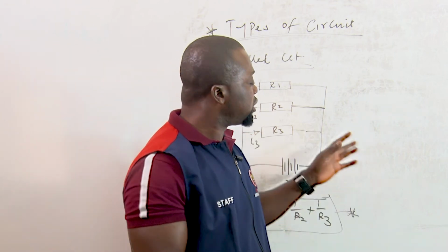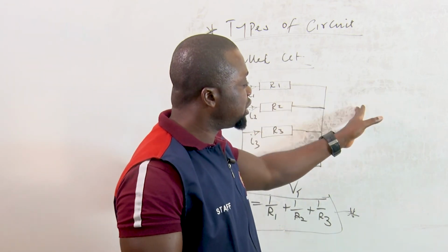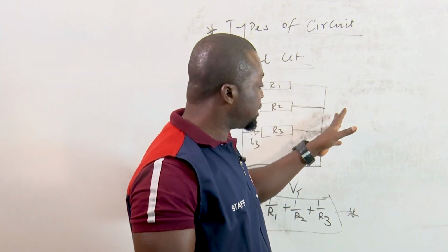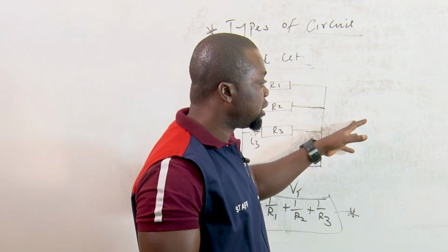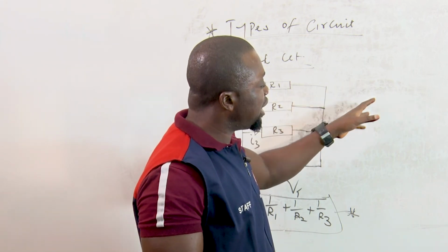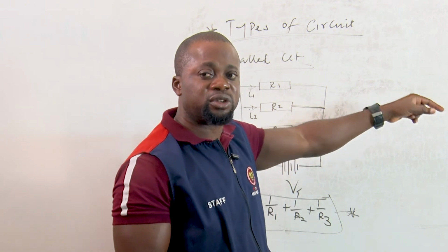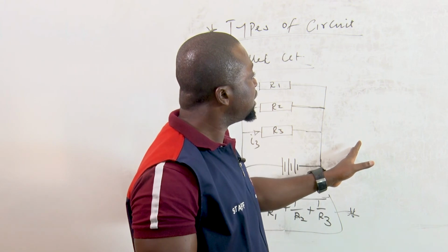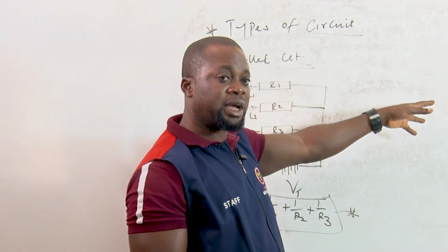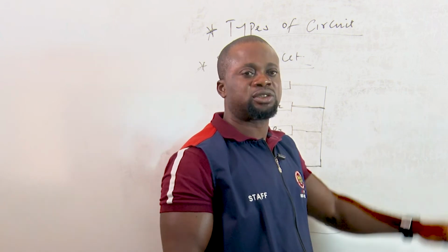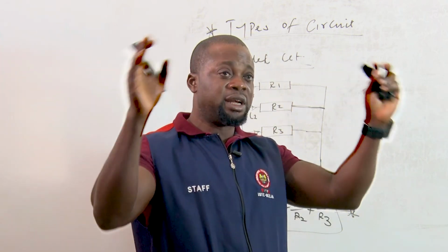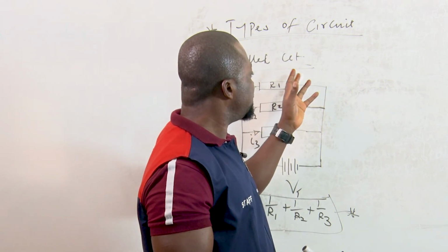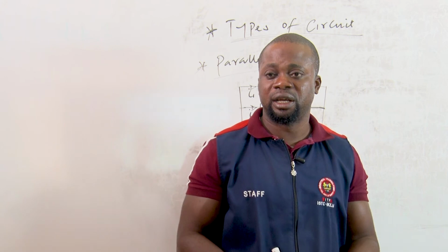So you have to put them in parallel, so that when there is a fault in a particular socket, it will not affect another. You can isolate the particular socket that is faulty while you carry out repairs on it, and the others still function. So in electrical installation work, you should learn how to bring in the principle of series and parallel arrangement.